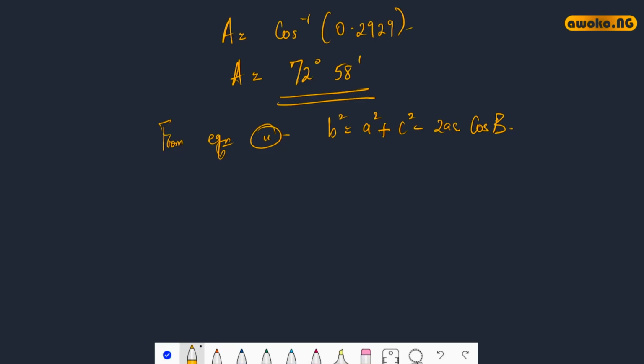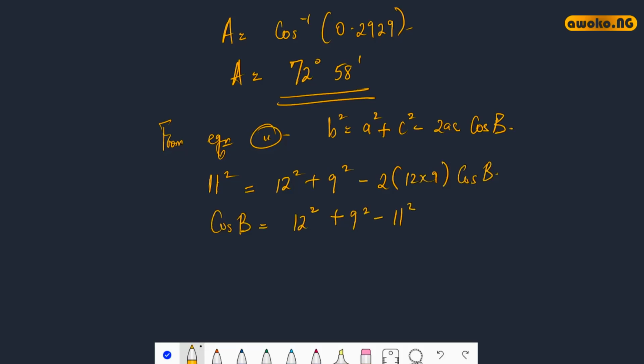If we do that, we have 11 squared equals 12 squared plus 9 squared minus 2 times 12 times 9 cos B. And of course, cos B equals 12 squared plus 9 squared minus 11 squared all over 2 times 12 times 9.